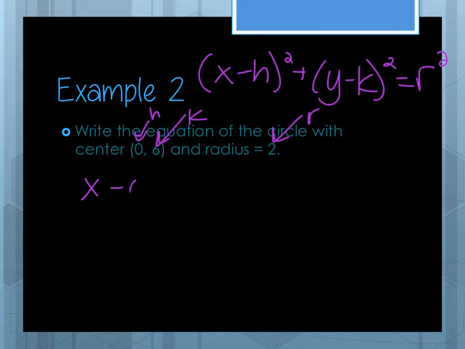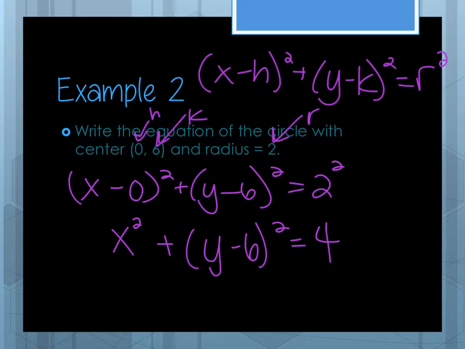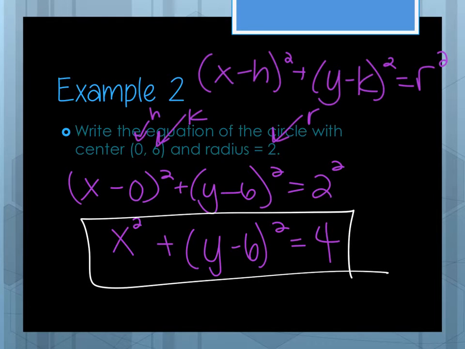So (x minus 0) squared plus (y minus 6) squared equals 2 squared. And then just simplify it. So x squared plus (y minus 6) squared equals 4. You won't need to, for the standard equation, expand that (y minus 6) and FOIL it out. You'll keep it exactly the way that it is.